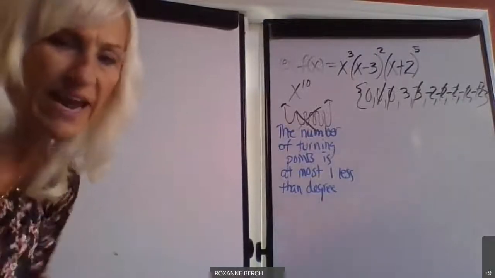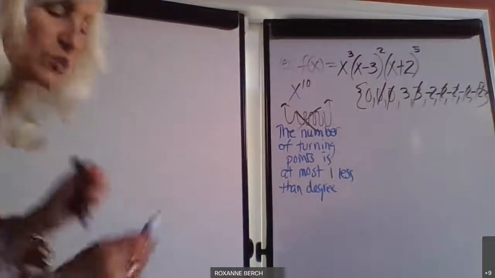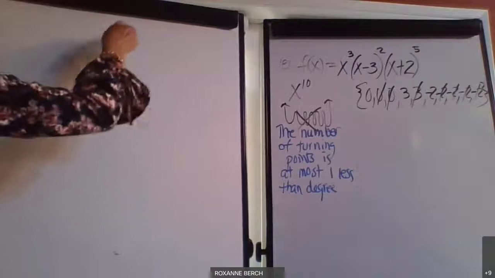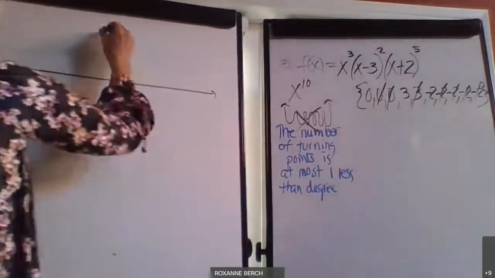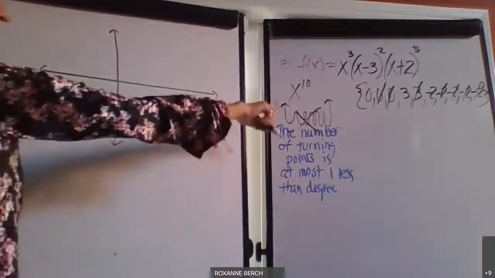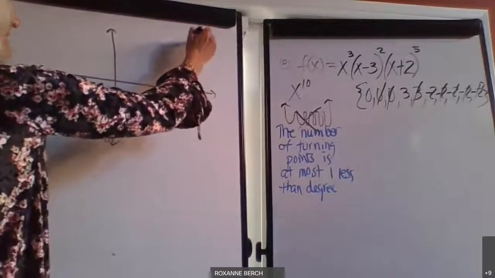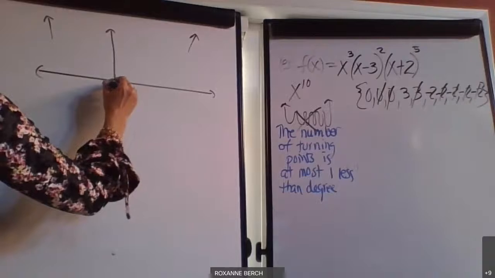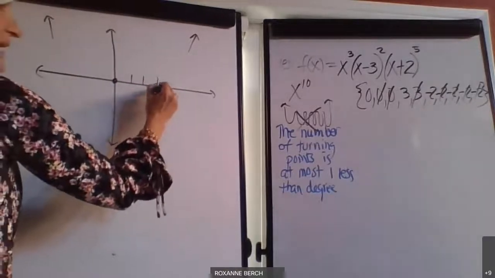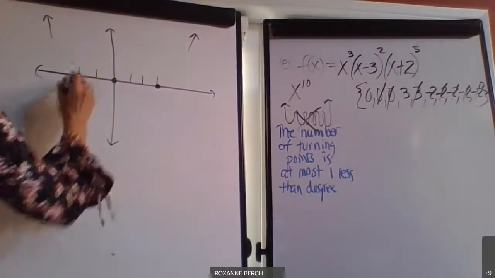This is a very complicated graph, but watch how we're going to do a sketch really quickly. Tenth degree means it's up on both ends unless it's negative. The solutions are 0, 3, and negative 2.